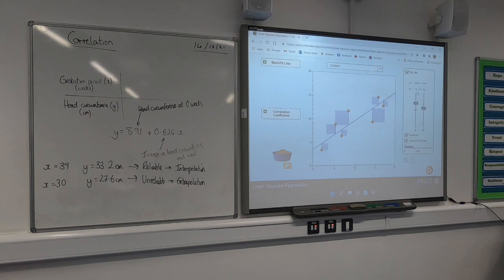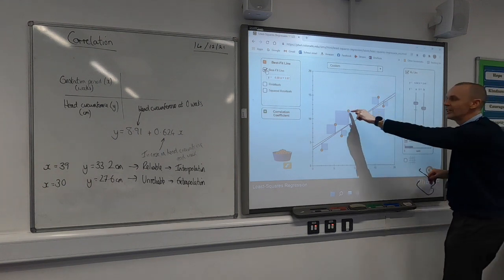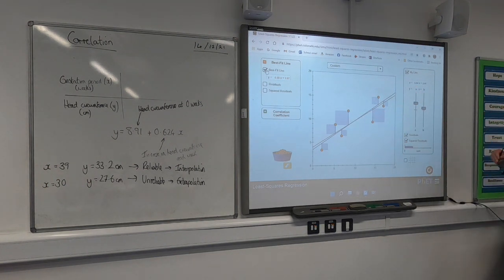Now they do it a different way to us. This must be from a different country, but this would be 3.44 plus 0.64x. I can actually see what the actual one would be for my data. That wasn't far off. But the regression lines that we're given are calculated by minimising the Y errors. If I calculated the X errors, so if I did my lines this way and squared those differences and did the same calculation, I'd get a different line of best fit.